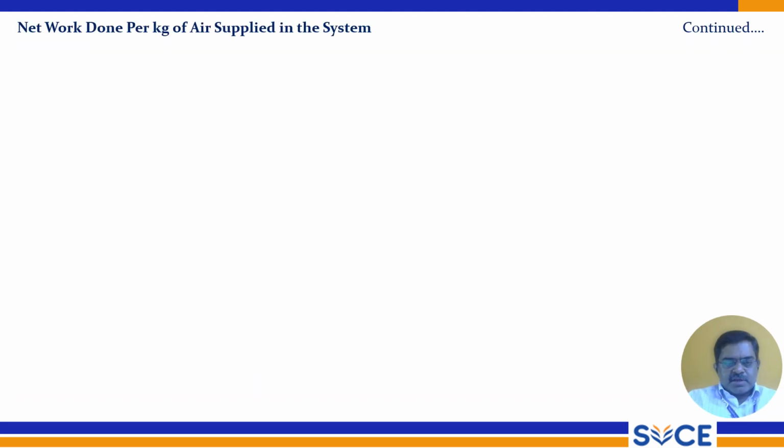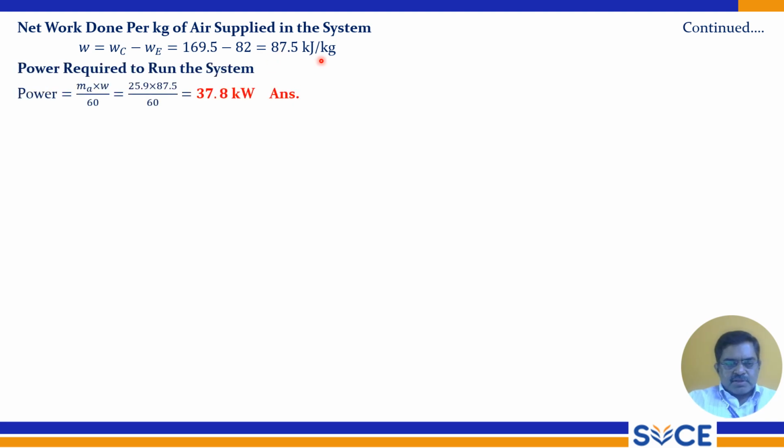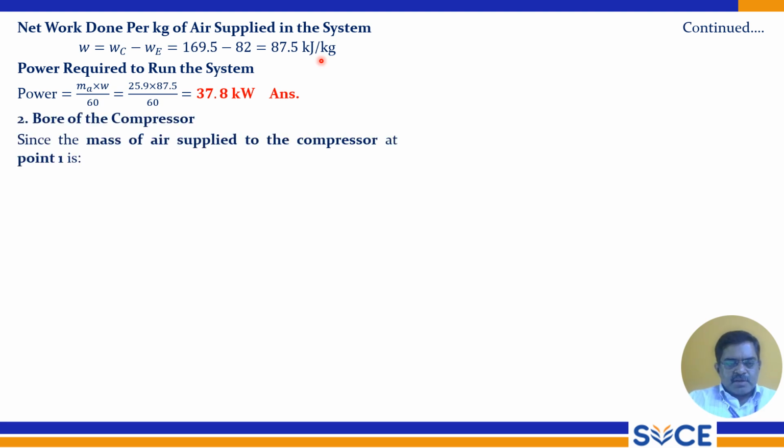Net work done per kg of air supplied in the system, W equal to WC minus WE, so that is 87.5 kilojoules per kg. So power required to run the system is equal to MA into W divided by 60, so that is equal to 37.8 kilowatts. Now the bore diameter.